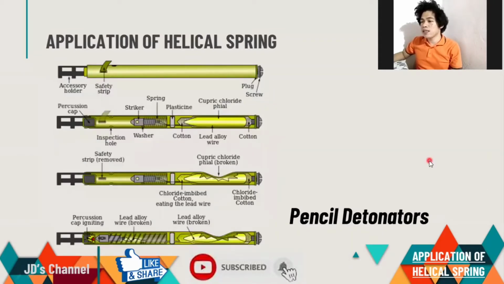The second one is our pencil detonators. It also has a spring. So these are our examples of our helical spring.